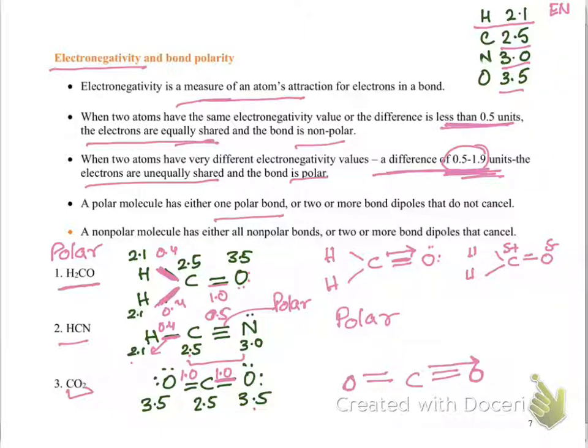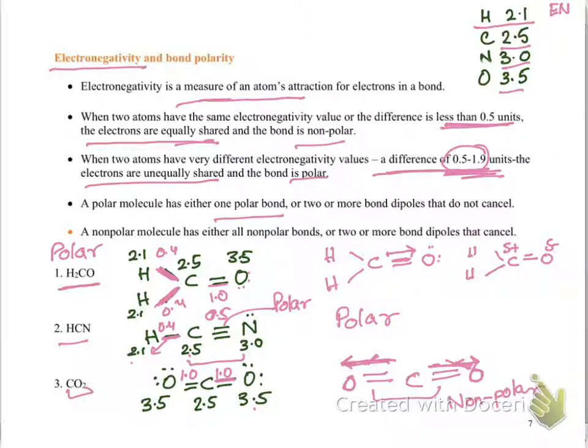Same thing with the other oxygen, it is pulling the electrons towards itself. So we have two polar bonds that are of equal strength and in opposite directions. So this is cancelling this effect. Their effect gets cancelled out and overall the molecule becomes nonpolar.